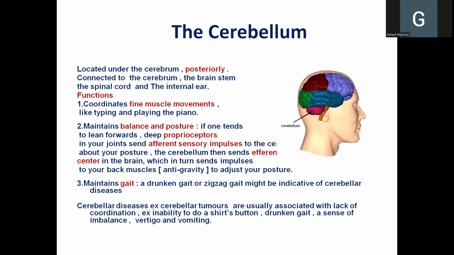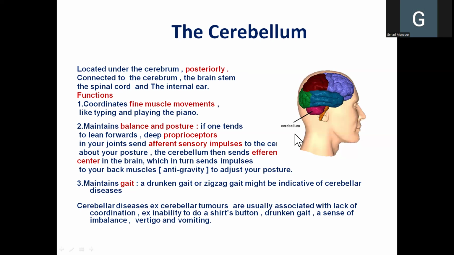And then we have efferent descending motor nerves from the cerebellum to the spinal cord. And then we have the lower motor neuron that supplies the anti-gravity muscles, giving orders to those muscles to contract, and you raise your back again, you stand up erect again, and the problem is solved.